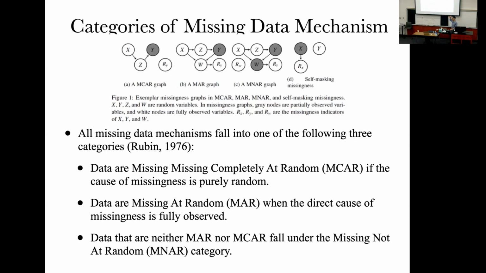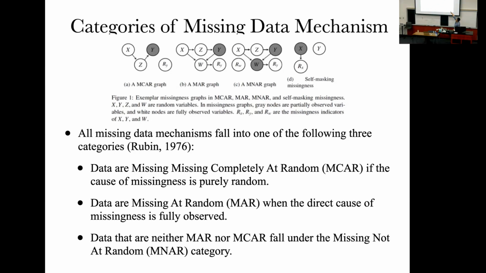The name is kind of controversial, right? When you say missing at random, you might think RY should be independent from other things. No, according to the definition, RY is dependent on some variable that does not have missing values. And this is missing at random.